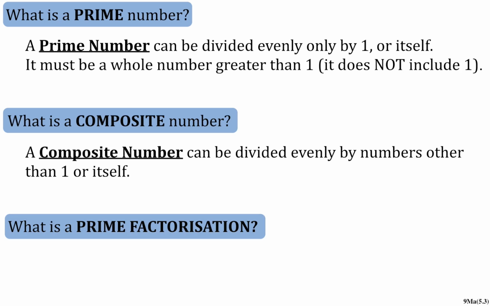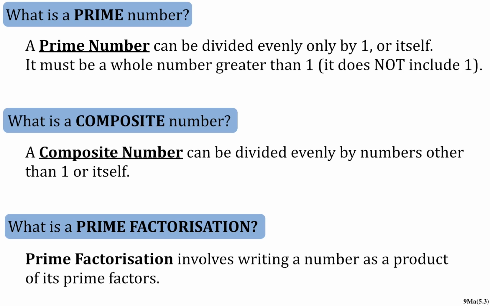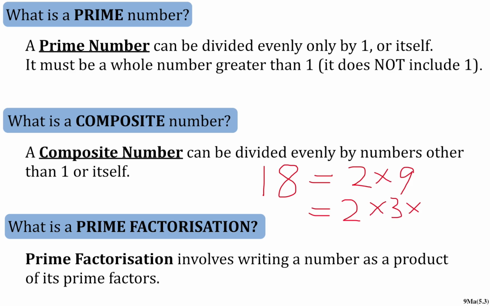Now, what's prime factorization? That's when you take a number and write it as a whole lot of prime numbers that are multiplied together to give that number. For example, let's look at the number 18. What do we know are some of the numbers that multiply to give 18? 2 times 9 gives 18, but 9 is the same as 3 times 3.